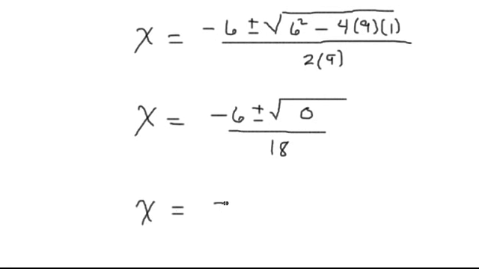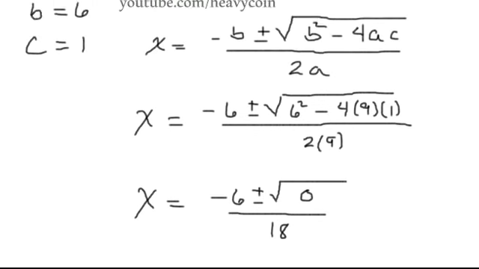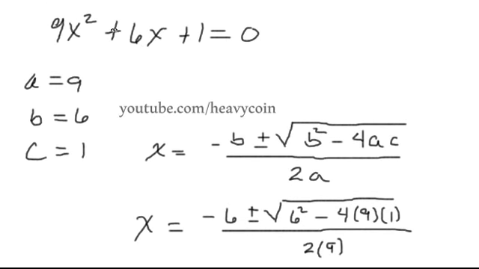So we end up with negative 6 over 18, and of course that reduces down to negative 1/3. So something I probably haven't mentioned, this has a power of 2 here, okay? So the degree of this is 2, and we would normally have 2 solutions. Either 2 real solutions, could be 2 complex solutions.